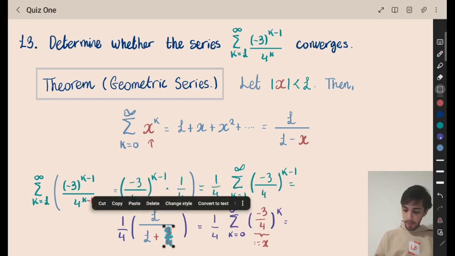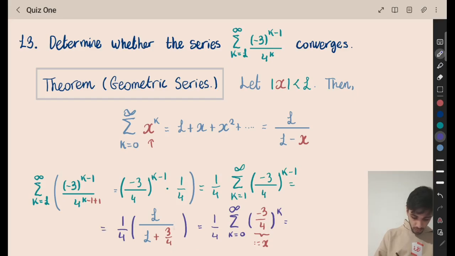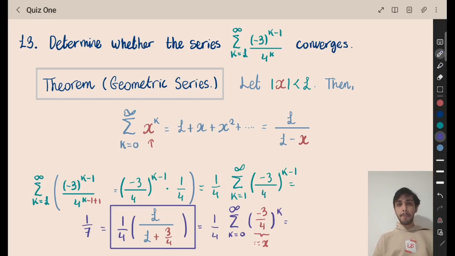This will give you some number. I think it will be 1 over 7, because this gives you 7 over 4, and it's in the denominator, so you flip it, you get 4 over 7, and the 4 cancels out with the 4, you get the 7. But I could be wrong. This doesn't have to be correct. But what I am 100% sure about is this expression here.